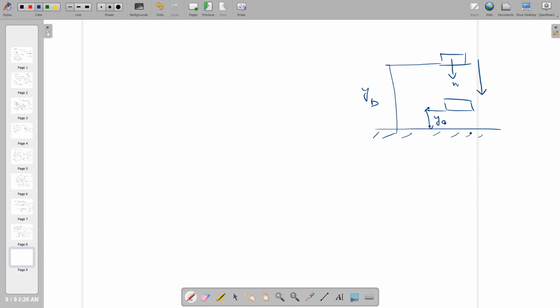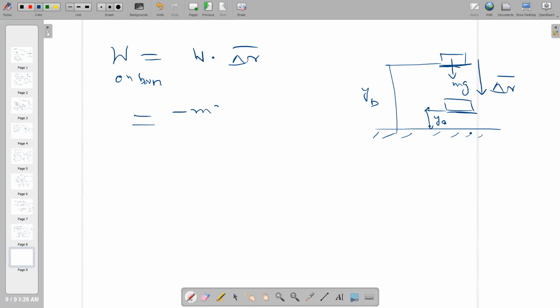It will come down with mg, its weight. So W on book is equal to the force, weight, dot delta R, and this is the delta R, the distance between this position and this position. Here you can see it is moving down.